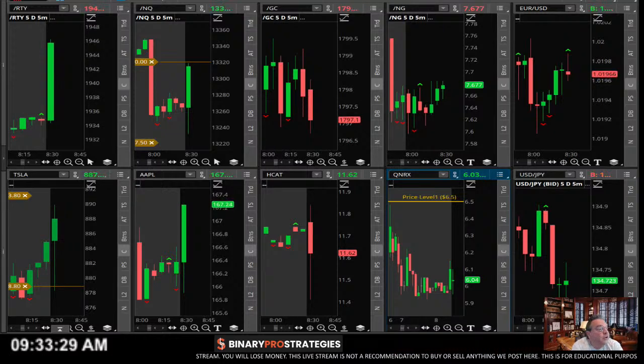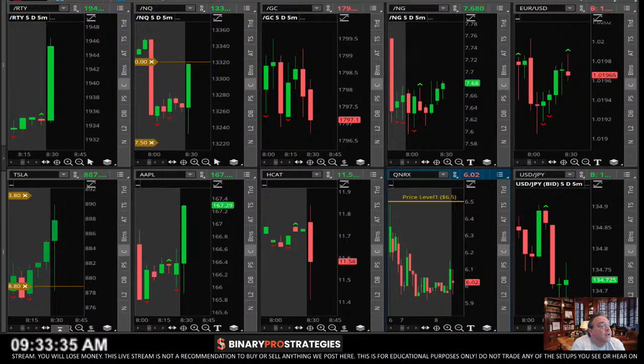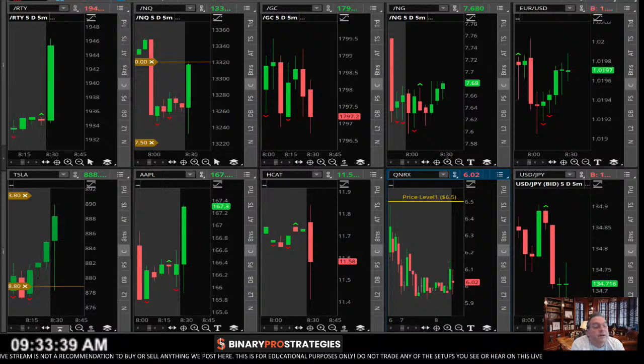It's a good selling opportunity right now on the mini NASDAQ, very low risk here because the reversal is 133.20. And we're sitting at 133.18, 133.16.